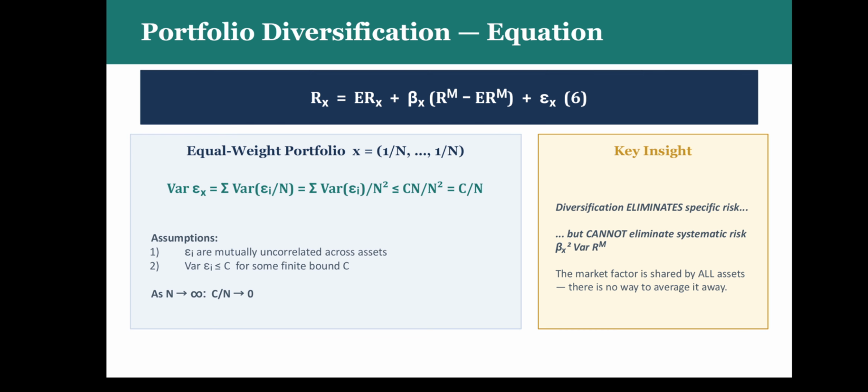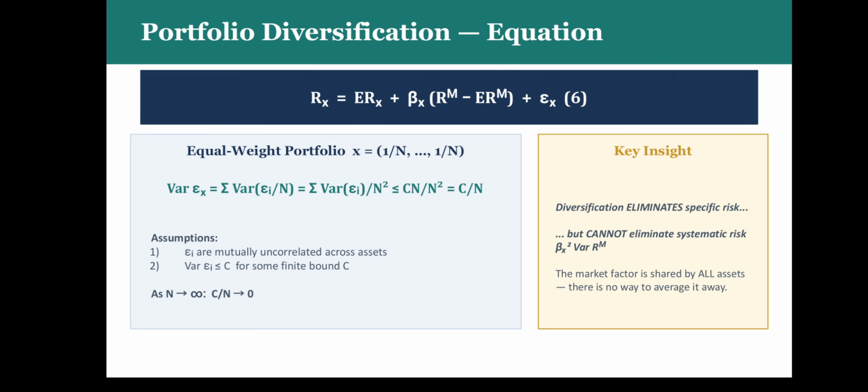This is where it all comes together: equation 6 and the diversification argument. For any normalized portfolio x, the portfolio return has the same factor structure. Rx equals E[Rx] plus beta x times the market factor plus epsilon x, where epsilon x is the weighted average of individual residuals.